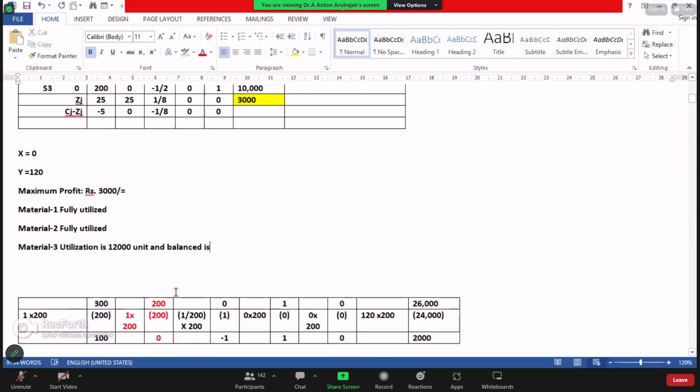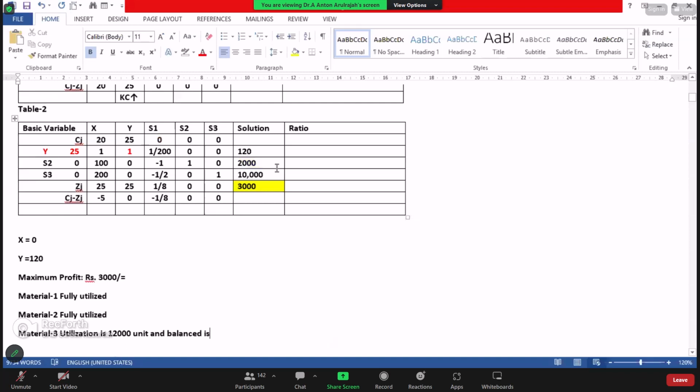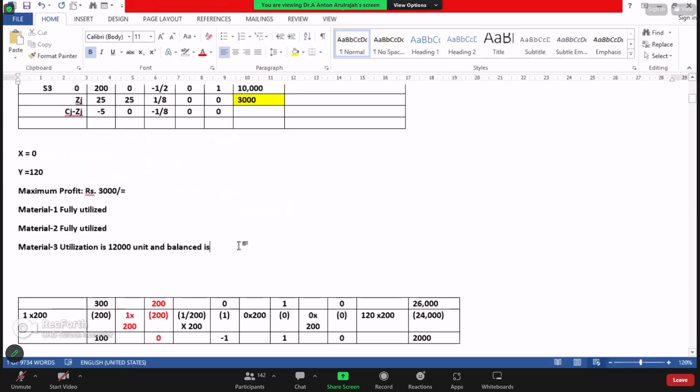That is 10,000. 10,000 is the balance. Check whether material 2 is fully utilized or not.